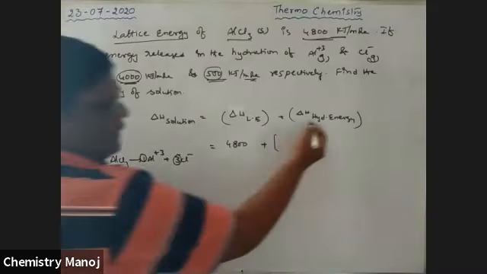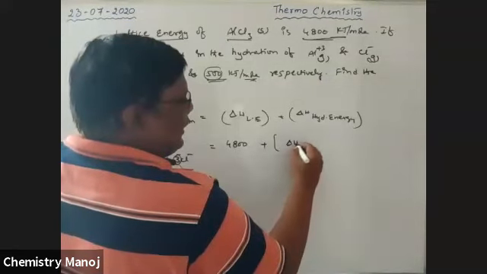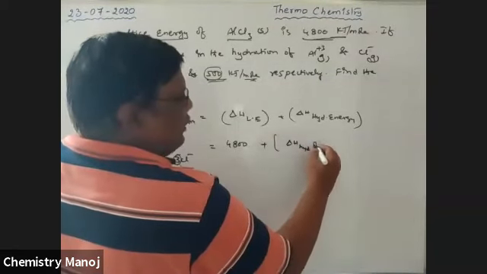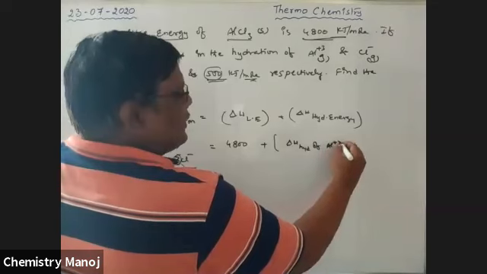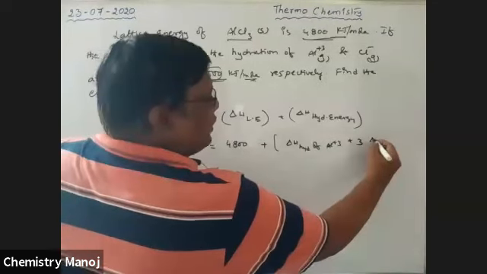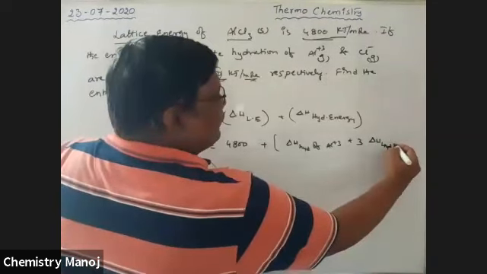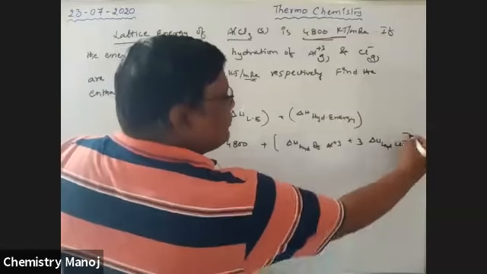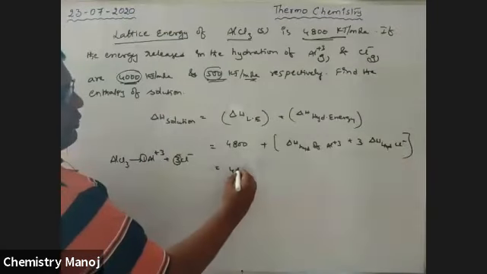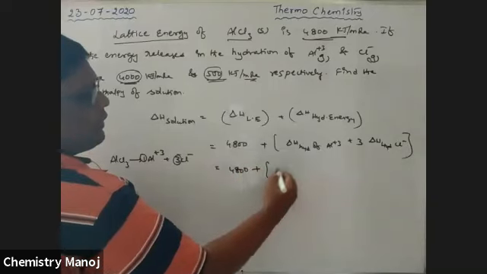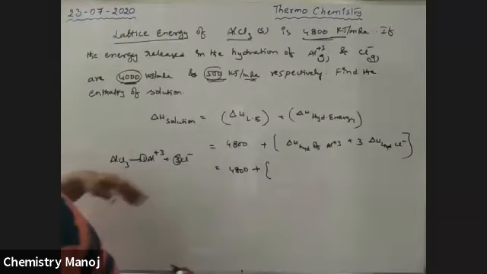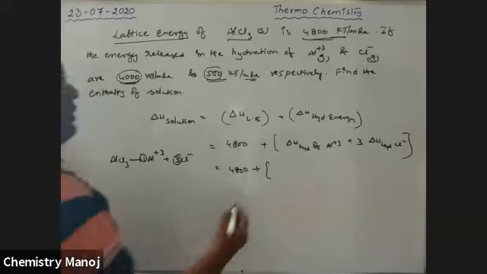So delta H hydration is delta H hydration of Al3+ ion plus 3 times delta H hydration of Cl- ion. That is equal to 4800 plus delta H hydration of Al3+, which is 4000.